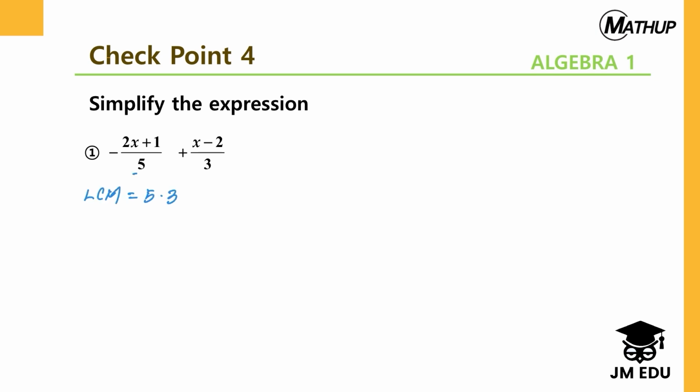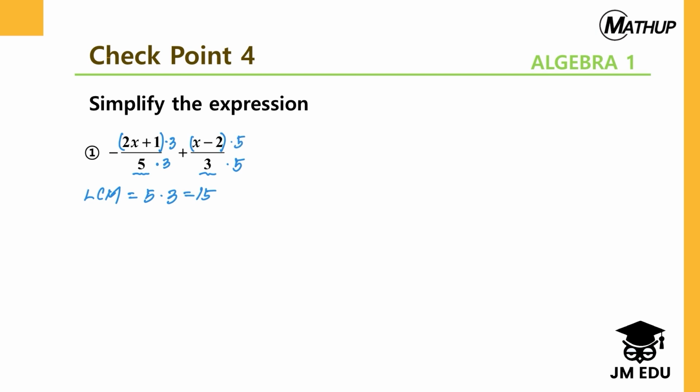Because we have a 5 and a 3. So that is equal to 15. So we're going to multiply by 3 on the denominator and 3 on the numerator, so all of this expression by 3. Second expression, we're going to multiply by 5 here, and all of this expression times 5.